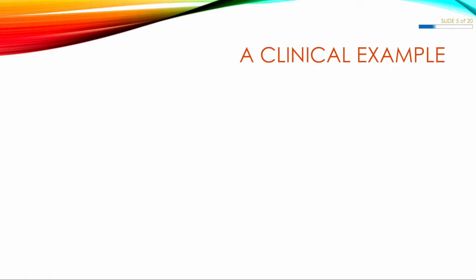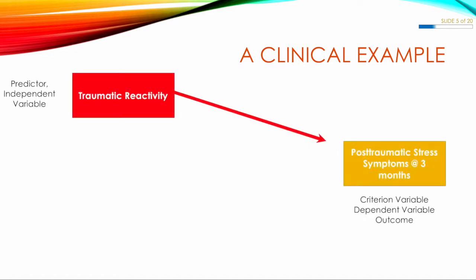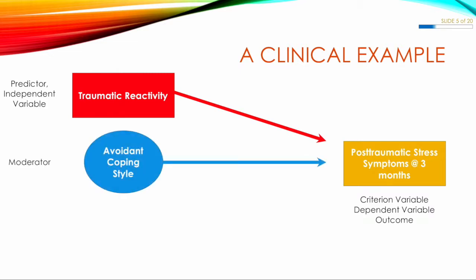Now, we see moderating variables in clinical contexts as well. So, for example, people who experience a traumatic event often have symptoms of post-traumatic stress afterward. However, that's not the whole story. Pinellas and colleagues in 2011 found that those individuals who relied on an avoidant coping style were more likely to experience post-traumatic symptoms 3 months following a trauma.